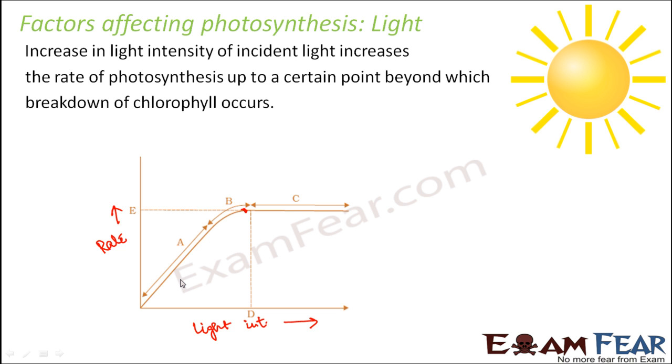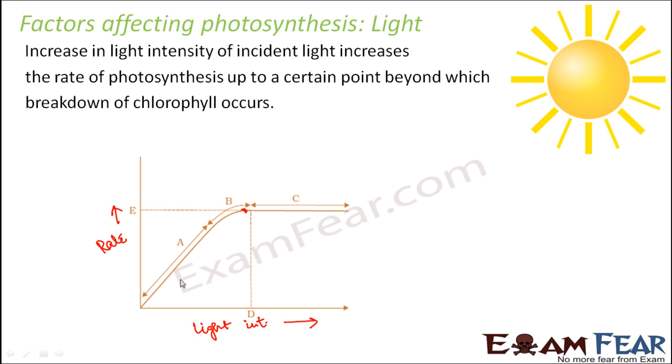Because when we increase the intensity of light, the light energy absorbed by the chlorophyll molecules also increases, and that is why the rate increases. After the saturation point, breakdown of chlorophyll occurs, and due to this there is no further increase in the rate of photosynthesis.